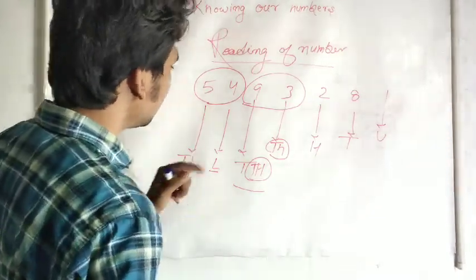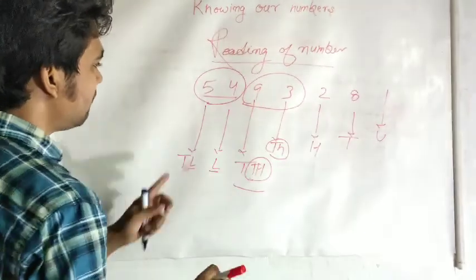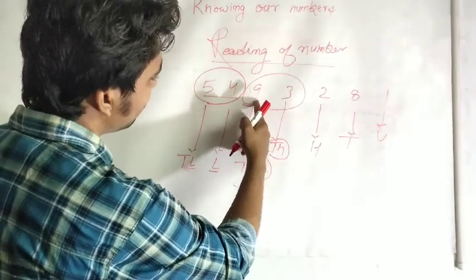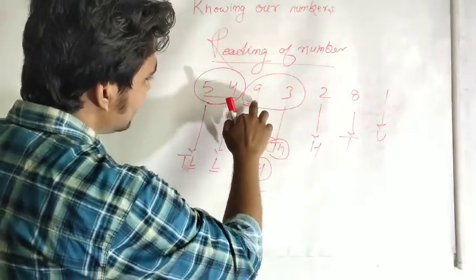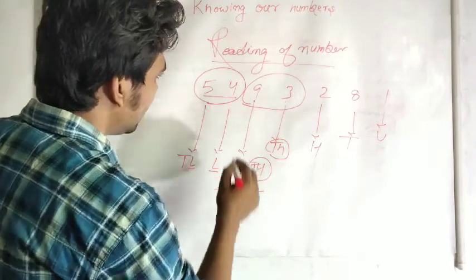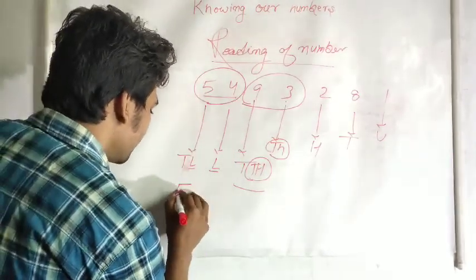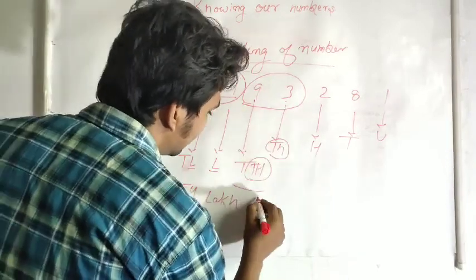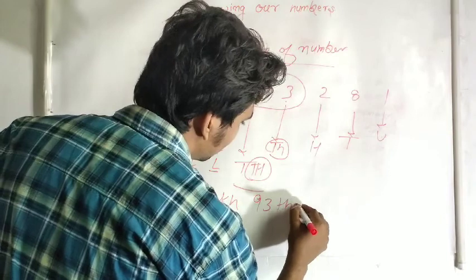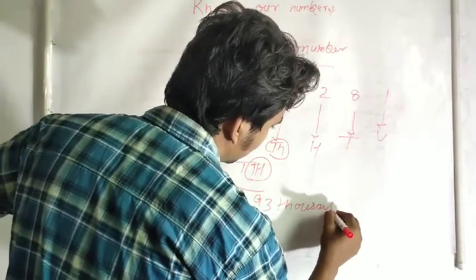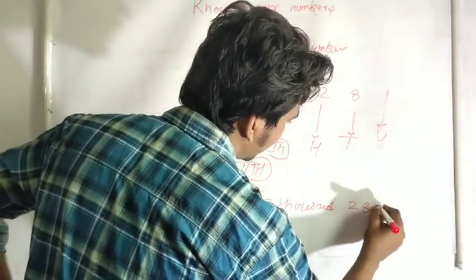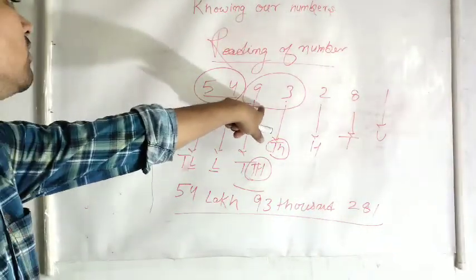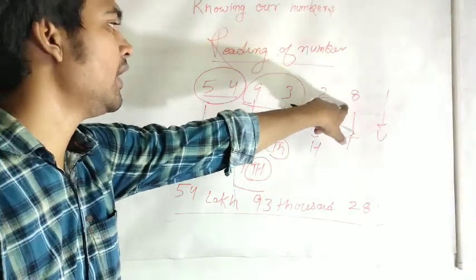If we make it collectively, we read 54, and when we mix these two, we read 93. So we read 54 lakh 93,281.